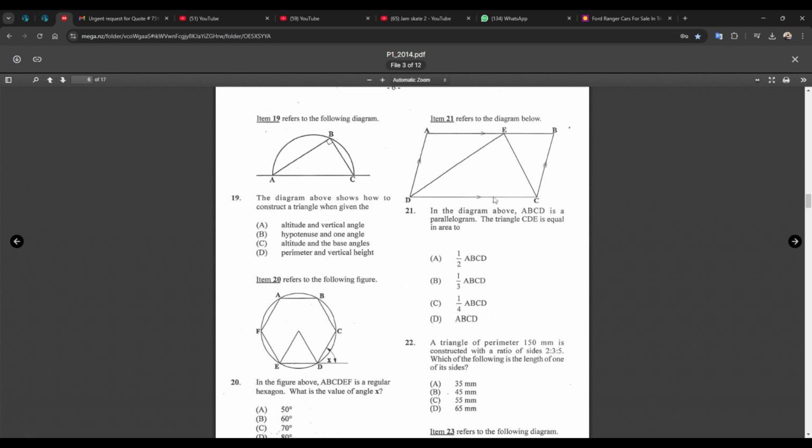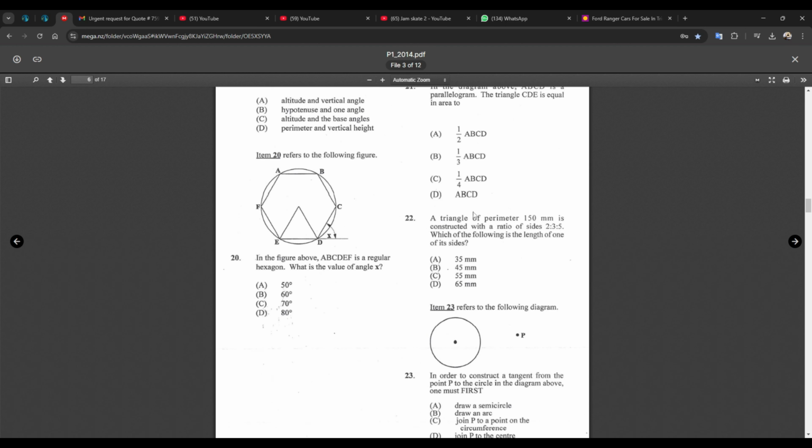They share the same height, right? Same height. So because they share the same base and the same height, and this is a quadrilateral and this is a triangle, it means the triangle is half the area of the parallelogram.